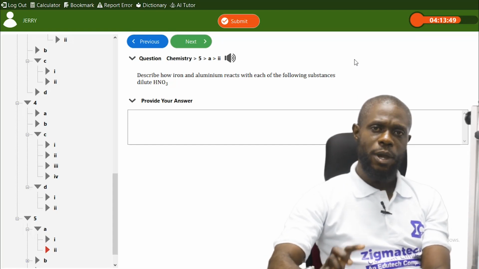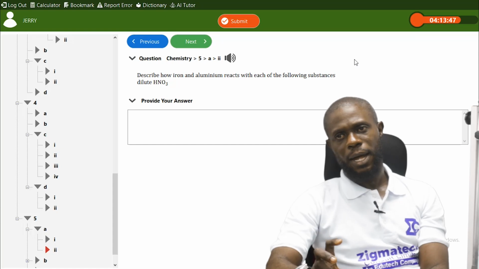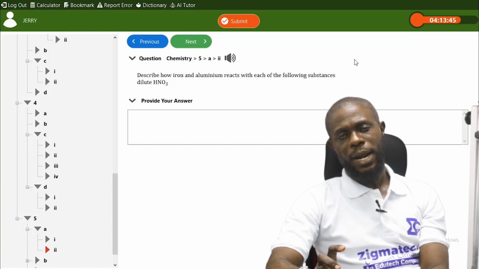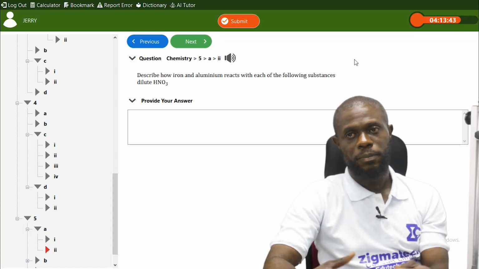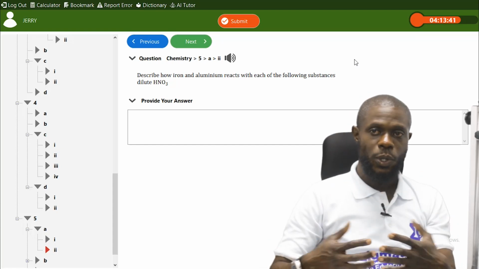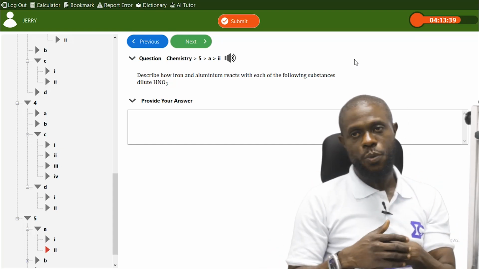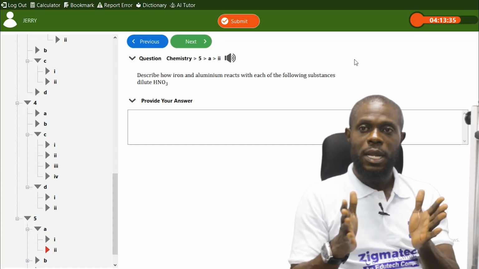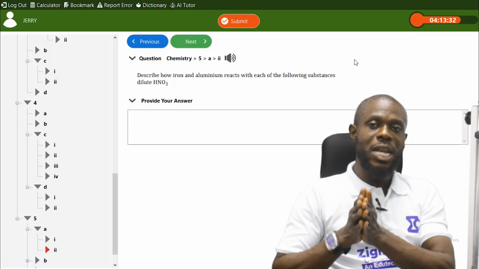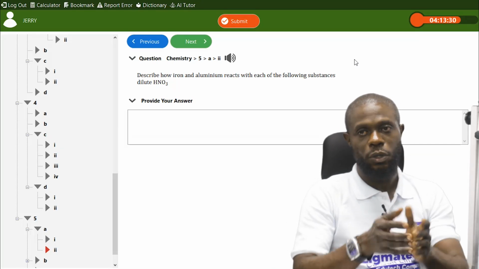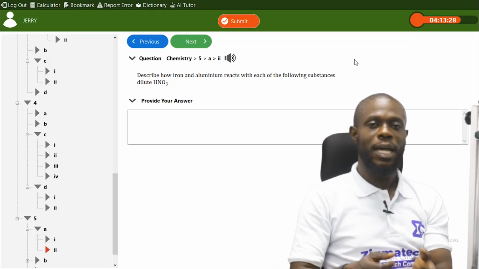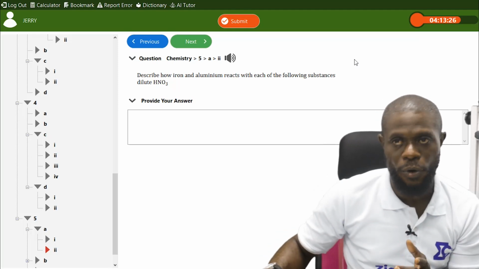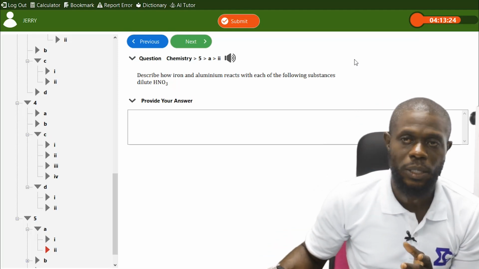But aluminum creates an oxide film, so it does not react with water or liquids. Since it does not react with liquids, it does not corrode. For example, aluminum used for roofing does not rust.